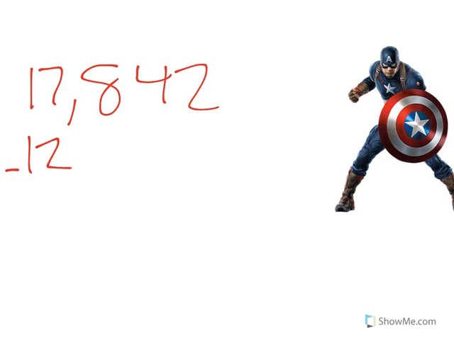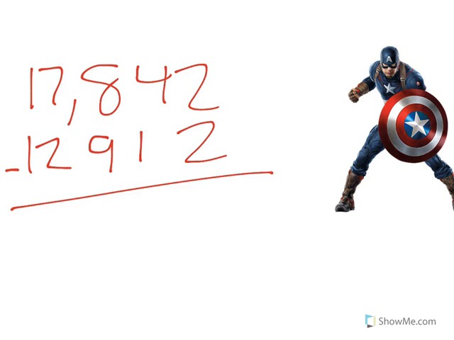Okay, once again on this lesson, they're going to want you to regroup. So if I have the number 17,842 minus 12,912, they want you to estimate. With estimation, I'm going to round the biggest number.